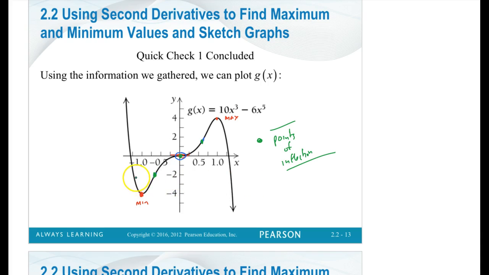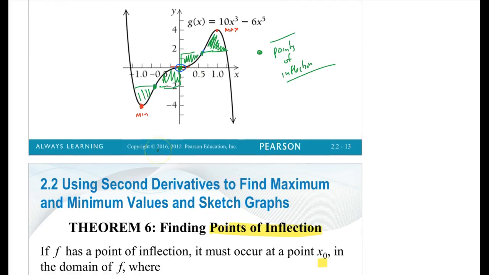You can see here, it holds water, so it's concave up. From here to here, you have concavity down, and then from here to here is up. It holds water. From here to here, it's concave down. That's why we have these points of inflection as stated in here.